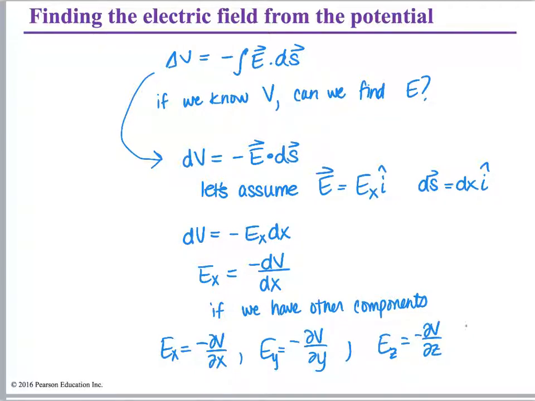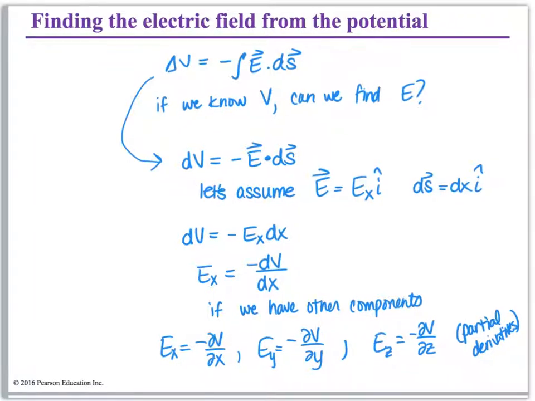These are partial derivatives, which we've looked at a couple times. This should look similar to something we did before, where you might remember that in a previous chapter we found that the force could be written as minus dU dx if it was in the x direction. So we did something similar in a previous chapter.